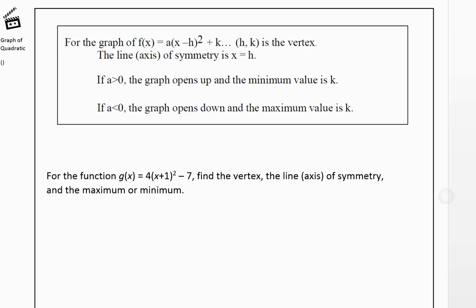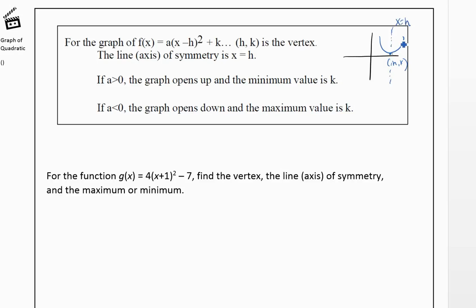So here, if we just draw a little picture of what's going on. Remember, this is our vertex, so we're calling that (h, k). And the axis of symmetry is the vertical line that goes right through the middle of the parabola, and we're saying that is x equals h.